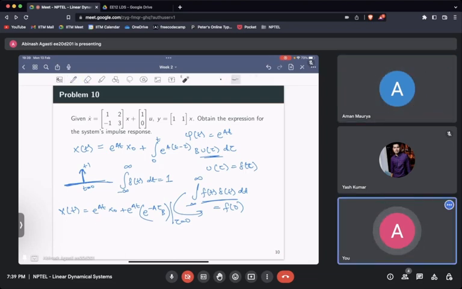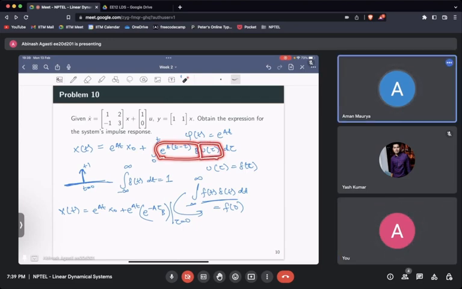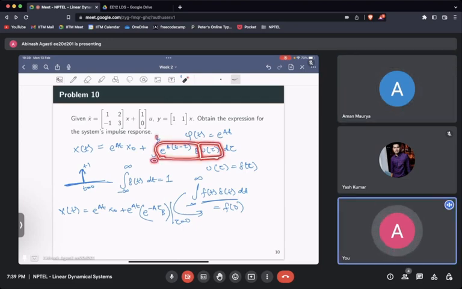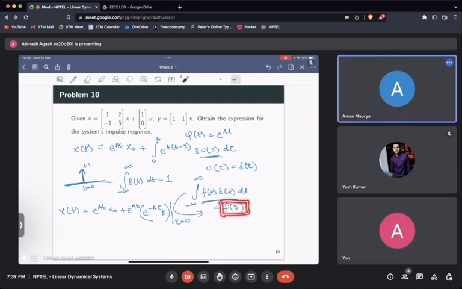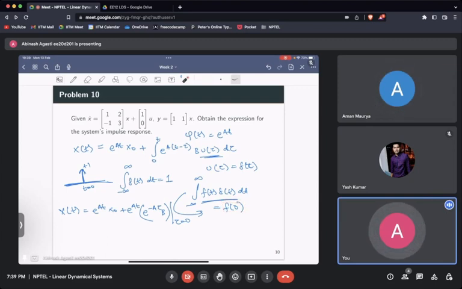Okay. So we had e to the power At x naught, correct? Then we had some function f of tau into delta of tau, from 0 to some t. We saw that if we have an impulse function and we are taking an integration, then only at the 0 value we just get f of 0.